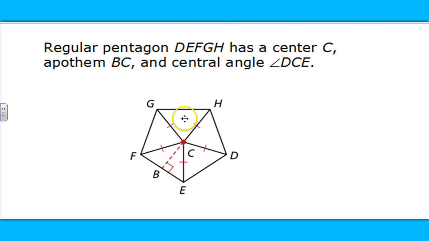Okay, here's another drawing of a pentagon DEFGH, and we have center C. Here's an apothem, which is a segment from the center perpendicular to a side, and we have central angles, DCE, and so on.